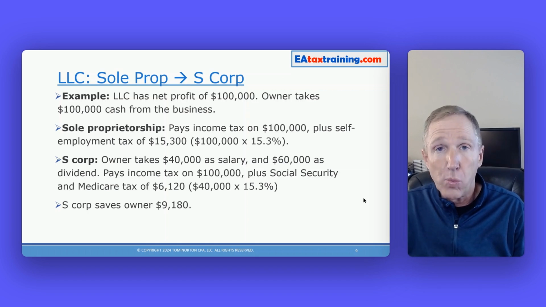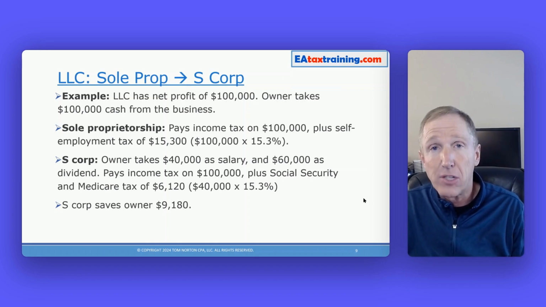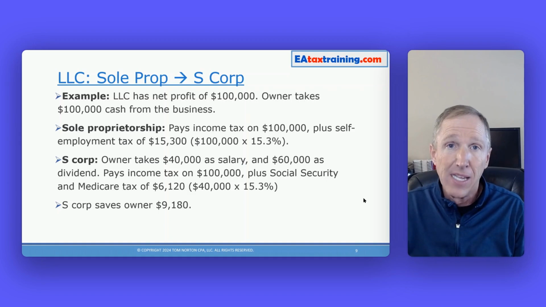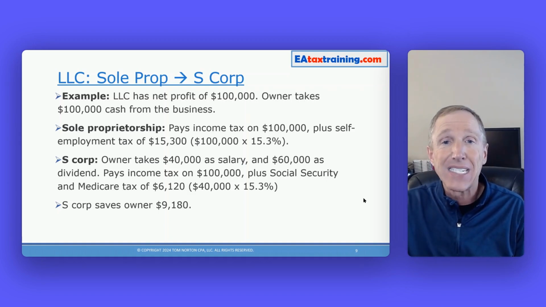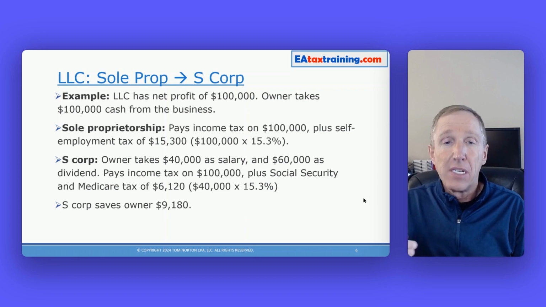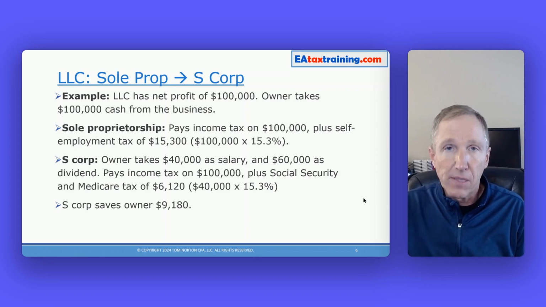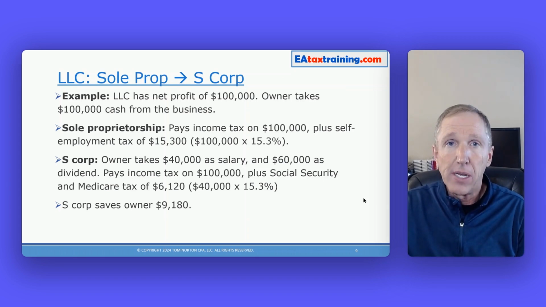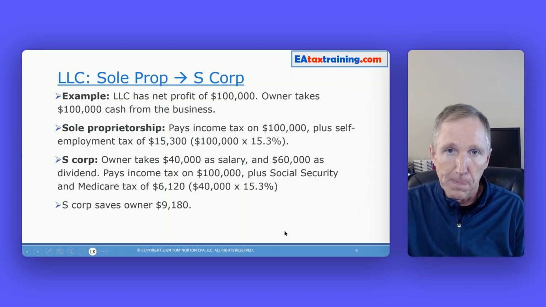But that $6,120 is $9,180 less than he would pay if he were being taxed as a sole proprietorship. So the savings for making this S Corp election is $9,180. That's the $15,300 that he would pay as a sole proprietorship, minus the $6,120 he would pay as an S corporation.